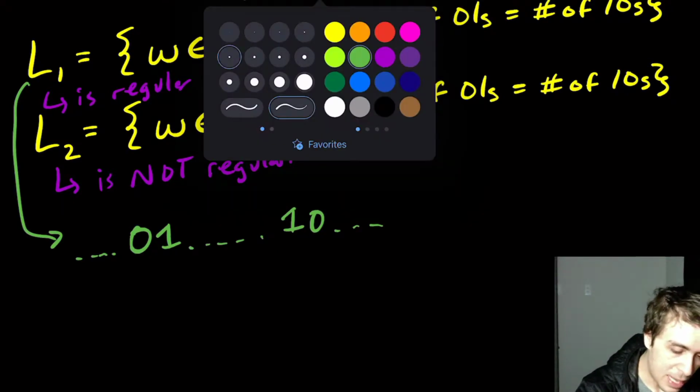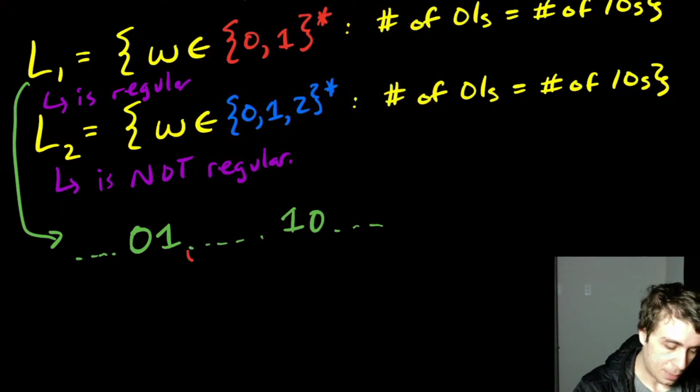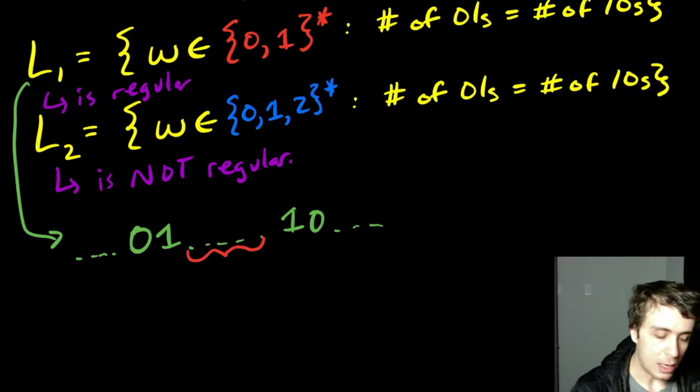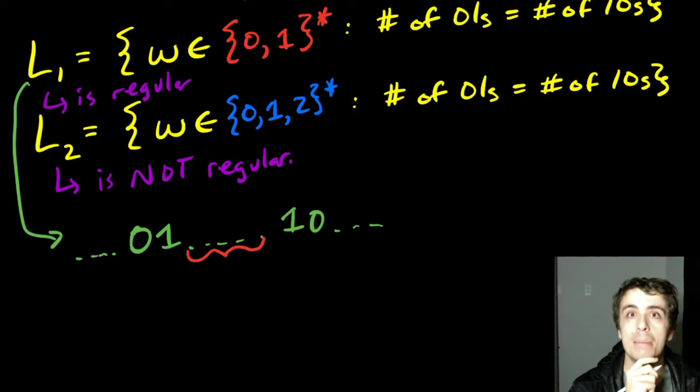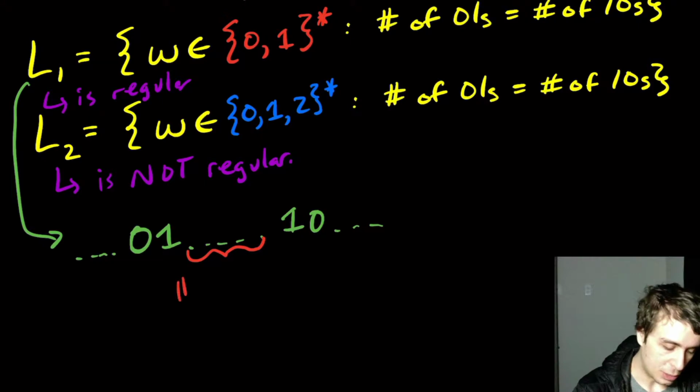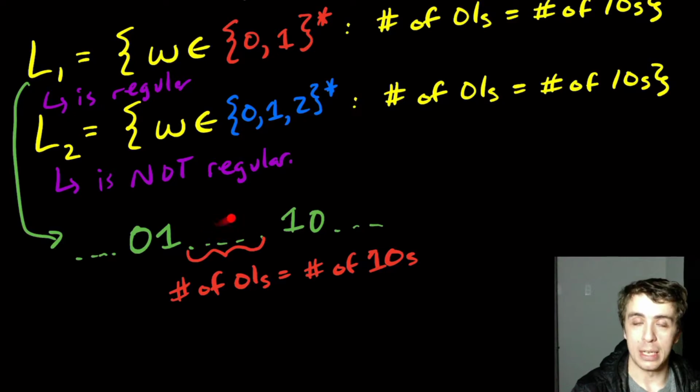Well, the key here is that in this region right here, we must have the same number of 1 0s and 0 1s. So the number of 0 1s equals the number of 1 0s. The reason is that there's no other character that can go here.